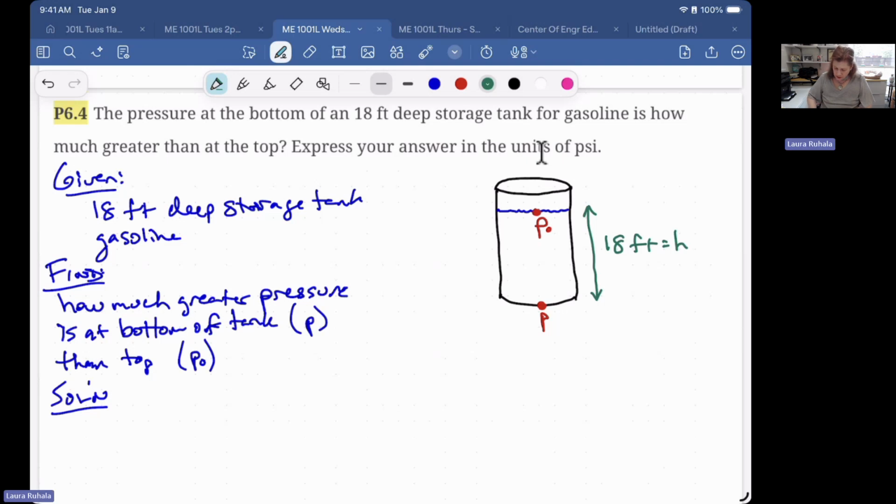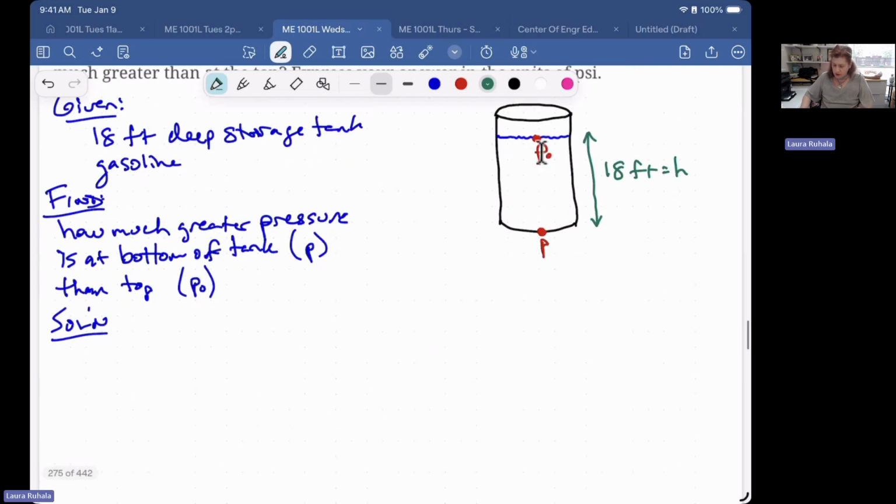All right. So in the textbook, when we get to the section on pressure, we see that P... I'm starting to think that this is inverted and P naught should be at the bottom. Yeah, I think it is wrong.